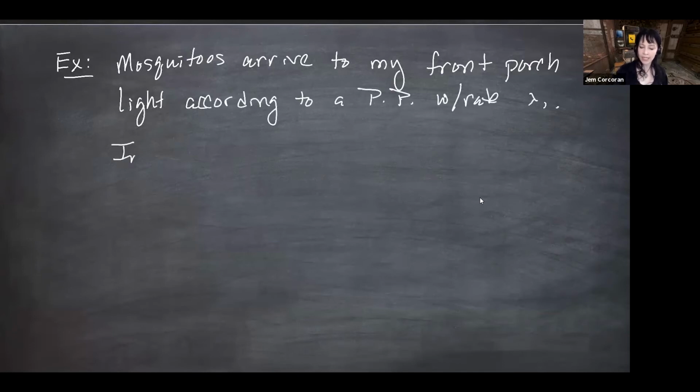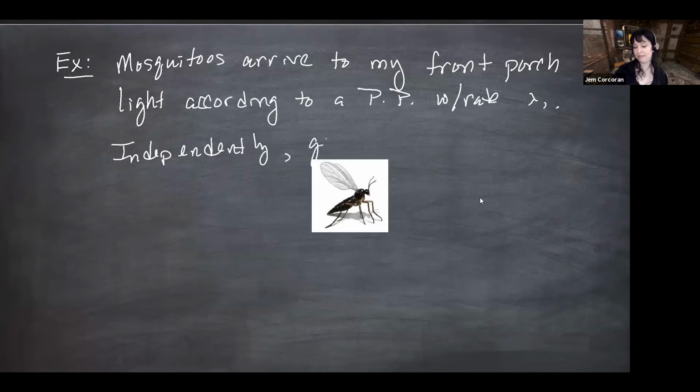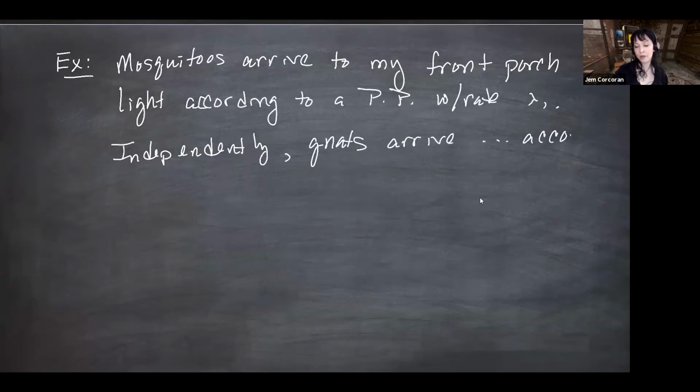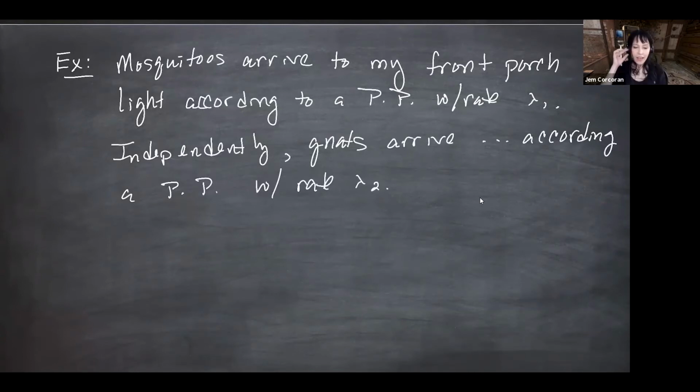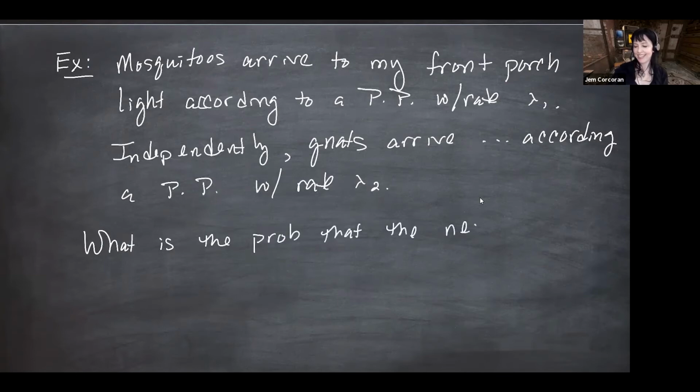And then independently, gnats arrive according to another Poisson process with rate lambda 2. Okay, so here's my question. What is the probability that the next arrival is a gnat?